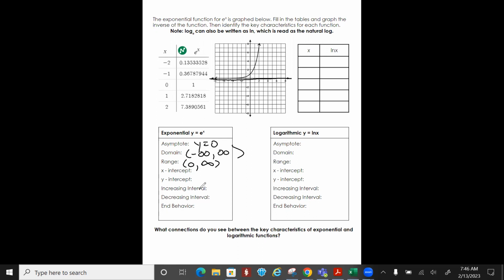Is it ever going to touch the x-axis? No. Okay, because it doesn't cross anywhere lower than 0, right? The y-intercept is going to be at 1. Is this increasing or is it decreasing? It's increasing, right?